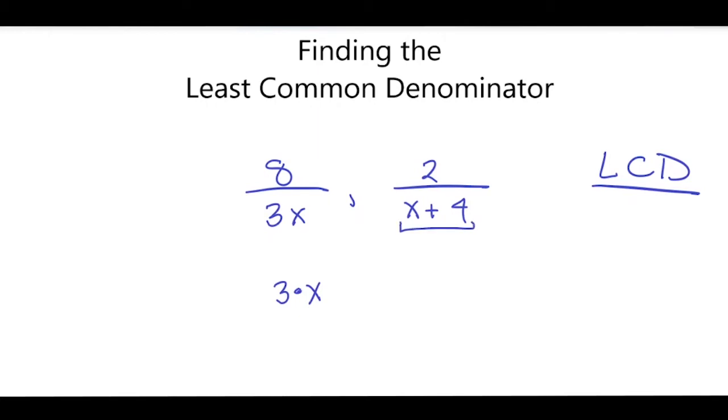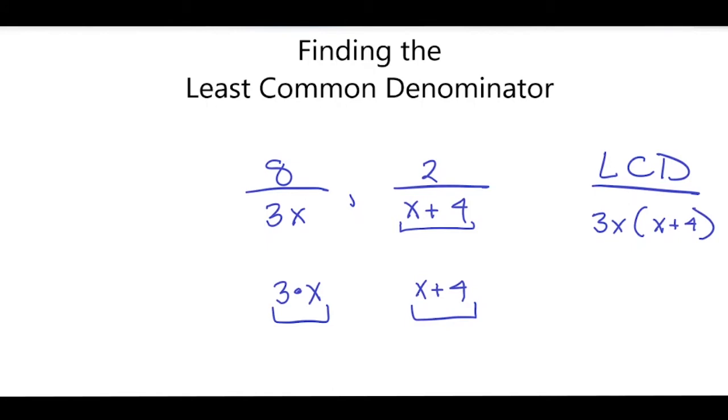And for my second fraction, the denominator is x plus 4, which is a factor all on its own, and there's nothing that can be factored out of that, so that factor is x plus 4. Well, nothing more can be done with this one, and nothing more can be done with this one, so my LCD is actually 3x times x plus 4.